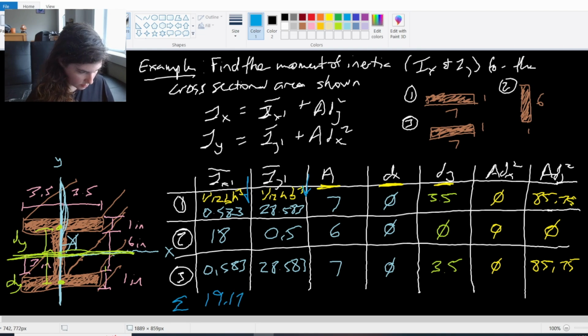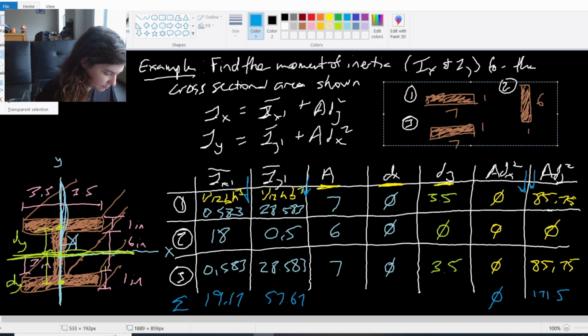My y centroidal moment of inertia is 57.67. And then finally my a dx squared, my a dy squared gives me 0, of course, and then 171.5. So now I can take all of these and plug these into those equations at the top.